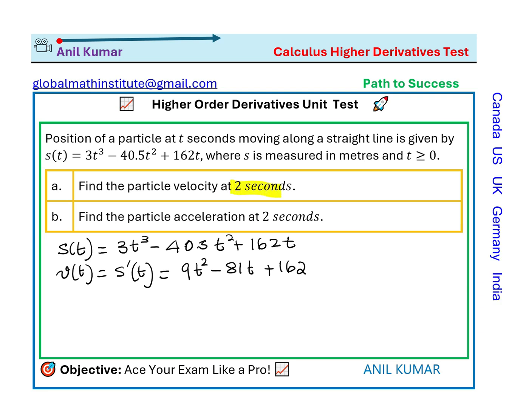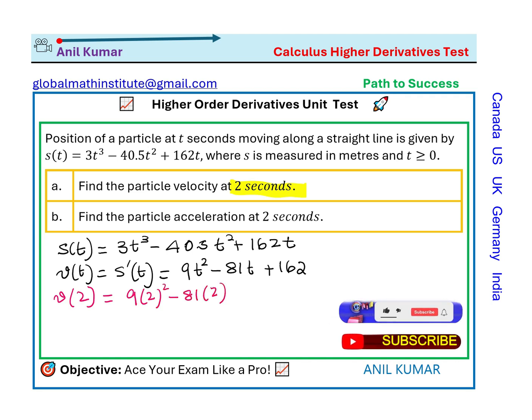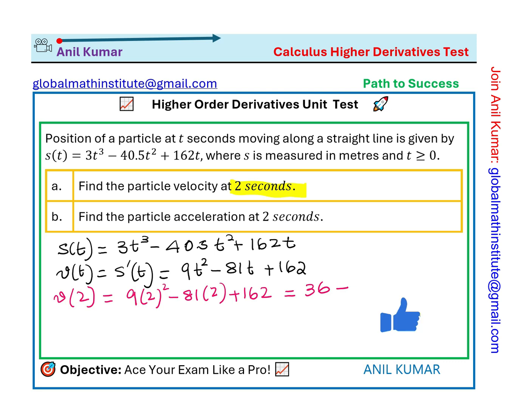So we can answer part A now, substituting time as 2. So it is 9 times 2 squared minus 81 times 2 plus 162. You can use a calculator, not an issue. So we have 4 times 9, 36, minus 162 plus 162, which gives you 36.